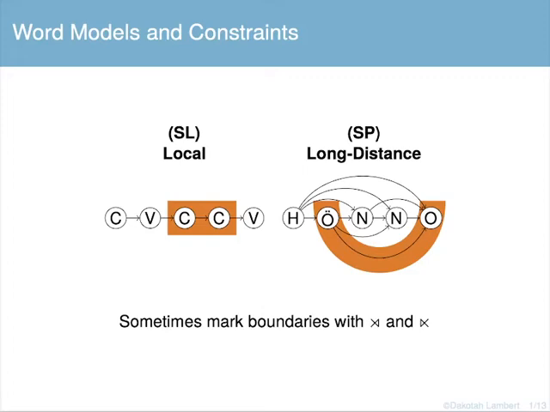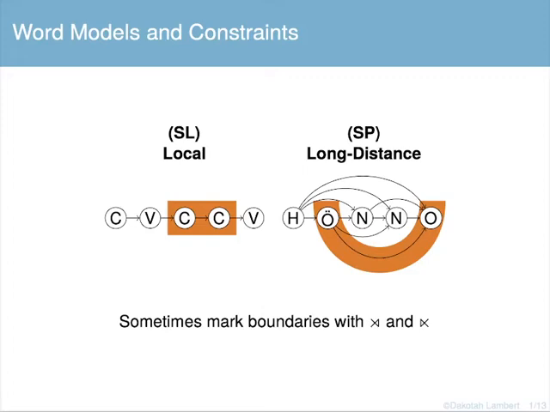On the other hand, for a long-distance dependency or a strictly piecewise constraint, you use not just a connection to the immediate successor, but also to all of the other successors. For instance, we could represent Finnish vowel harmony this way, in which the set of round vowels is partitioned such that words never contain both a front and back version of a round vowel.